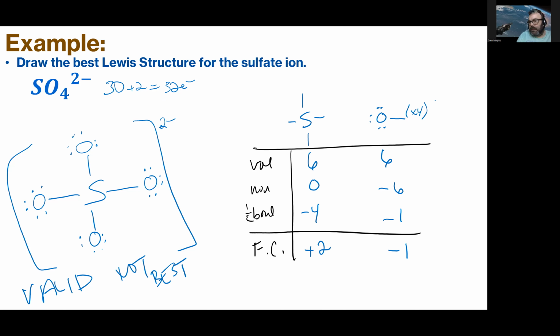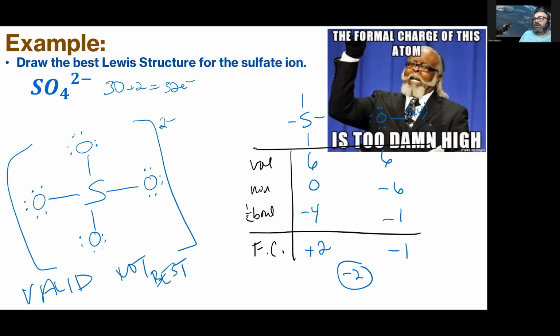So if we want to add this up, 4 times -1 is -4. Oh my gosh, I could call it quits today. So this has a charge of -2 total, but this is way too much formal charge.